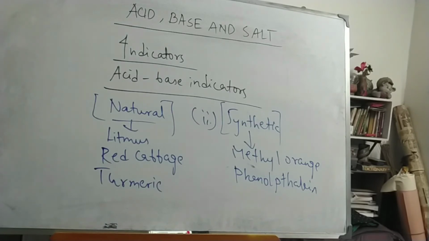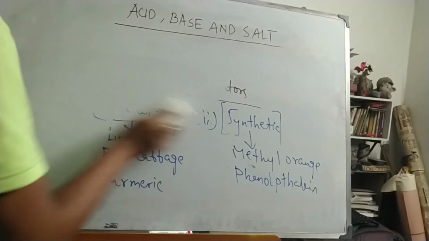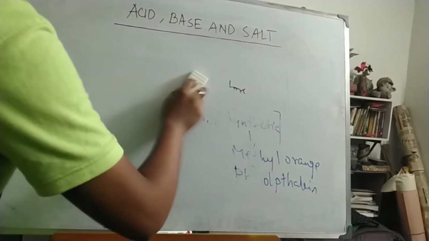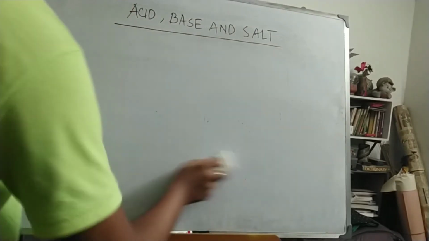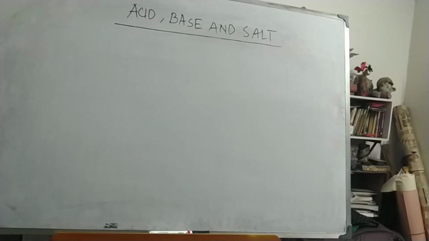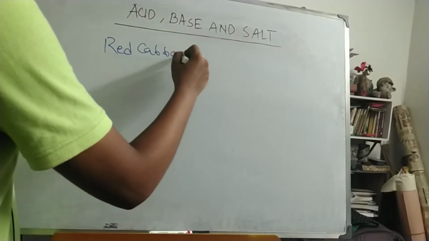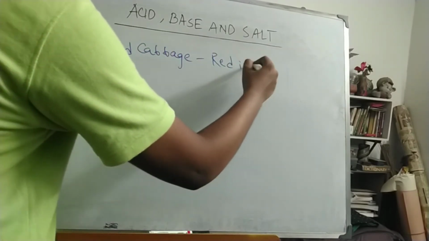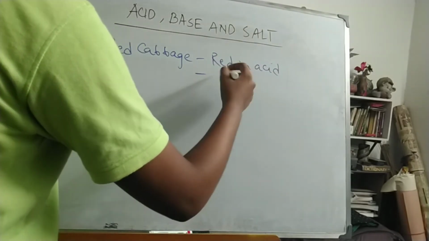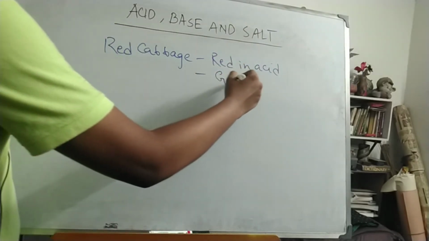Now we will discuss what color they will make in acid and base. We know that litmus becomes red in acid and blue in base. Red cabbage is red in acid and green in base.